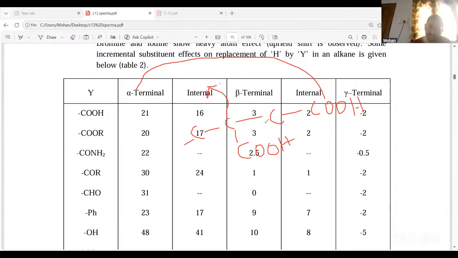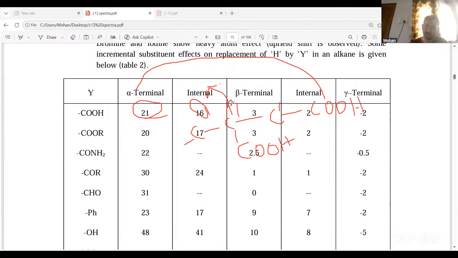If the acid group is attached to the terminal carbon, then the value is taken as 21 here. If the acid group is attached to the internal carbon, then it is considered as 16, right? And if it is in the beta, right, this is alpha, this is beta here.